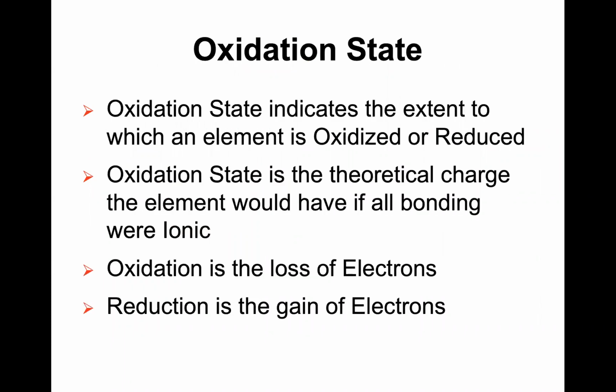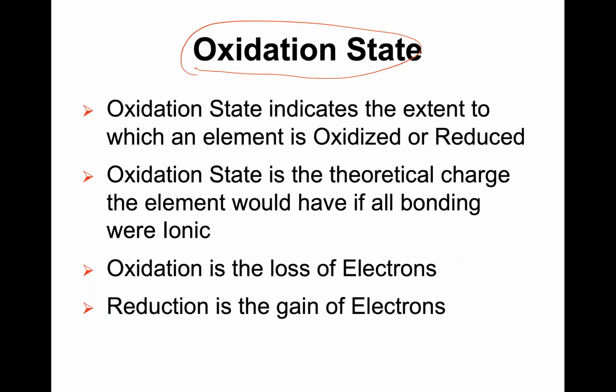So how do we know an oxidation reduction reaction occurs? We look at the change of the oxidation state, right? The oxidation state indicates the extent to which an element is oxidized or reduced.